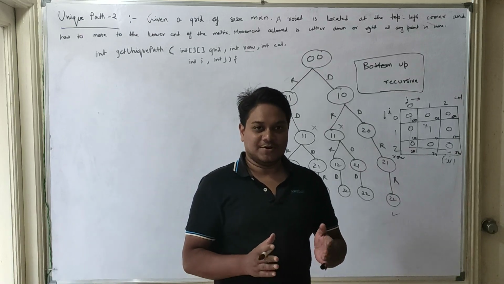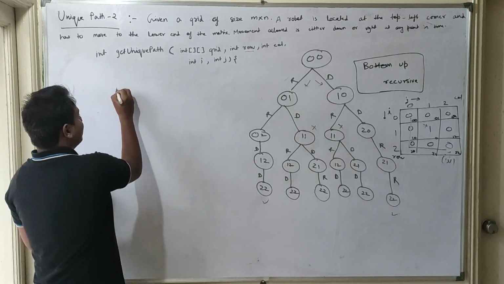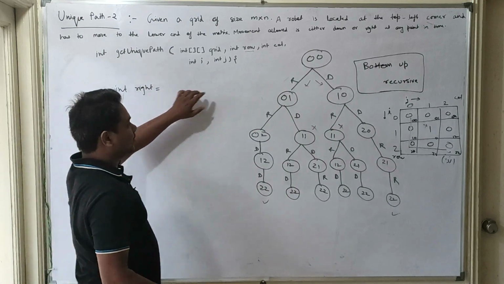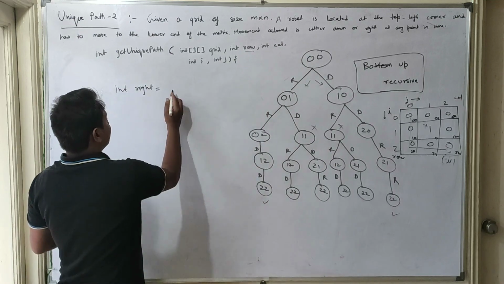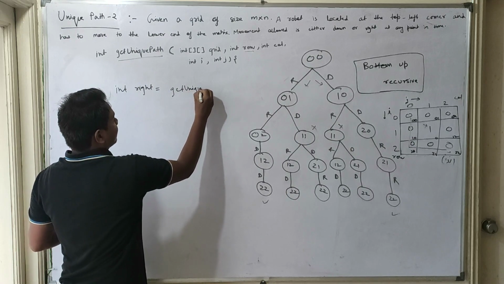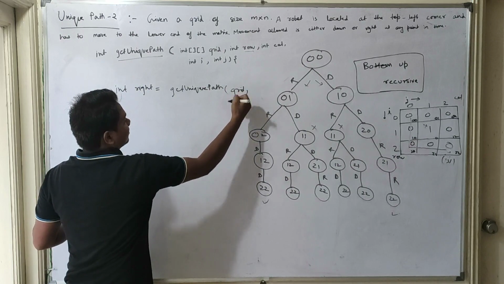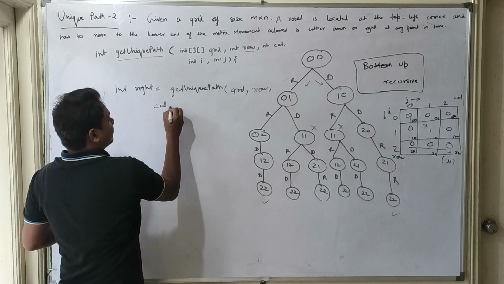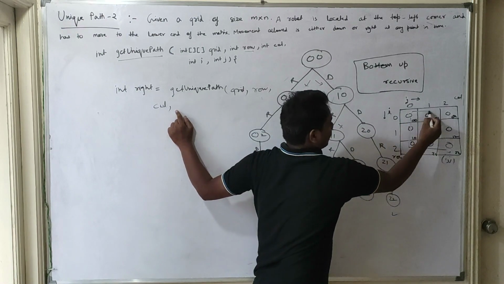Now what is the actual recursive function over here? So we are basically having 2 options, either we can move right or we can move down. Now this problem is also similar to the previous problem. So we are calling the same method, get unique path. Grid will be same, it will not change. Row length will be same, column length would be same. But what we are doing basically over here is, in i we are keeping constant and j we are moving forward.